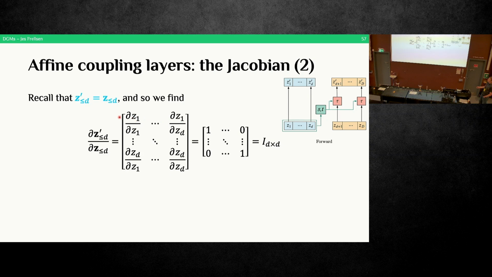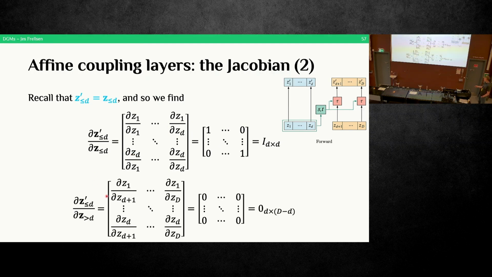This partial derivative is of course 1 because it's just copied, whereas all the remaining partial derivatives in this row are 0, because, for instance, this one doesn't depend on the value of this one. So we end up with the identity matrix for this partial derivative.